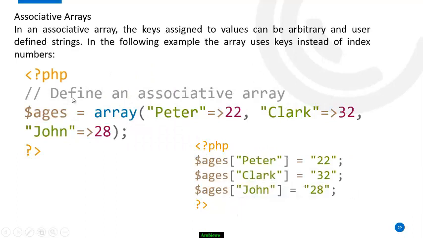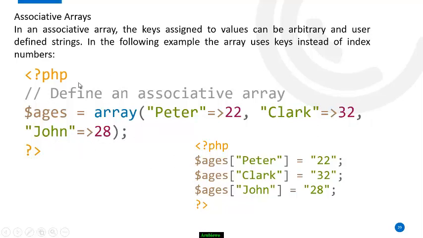So as I was saying, this array here makes use of what is called a defined key. Instead of using an index number, they are using keys. Like this, Peter is having a value of 22, then Clark with an arrow function is 32, John 28.